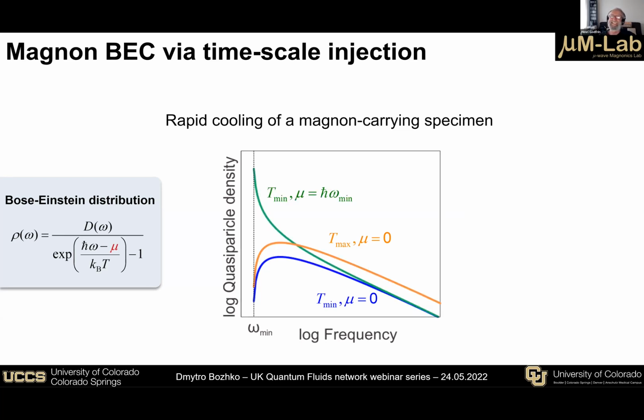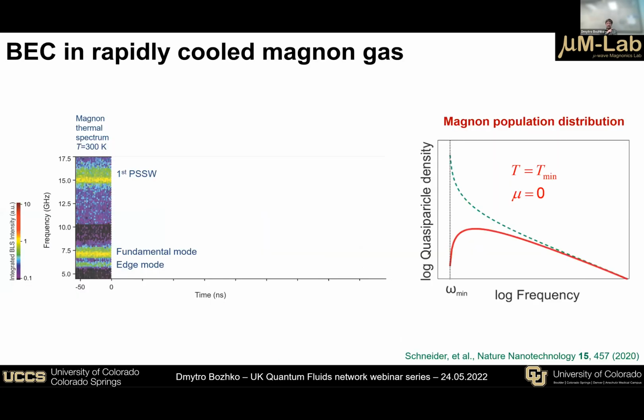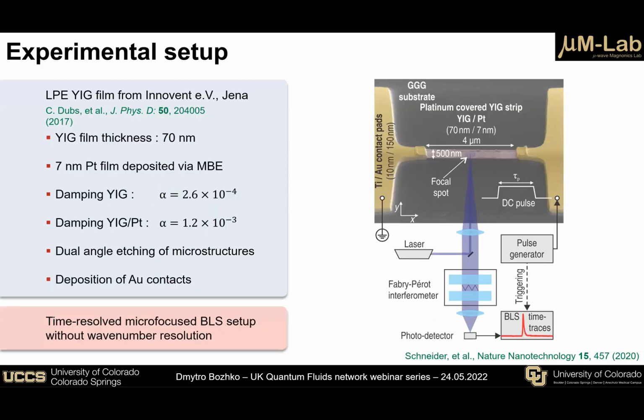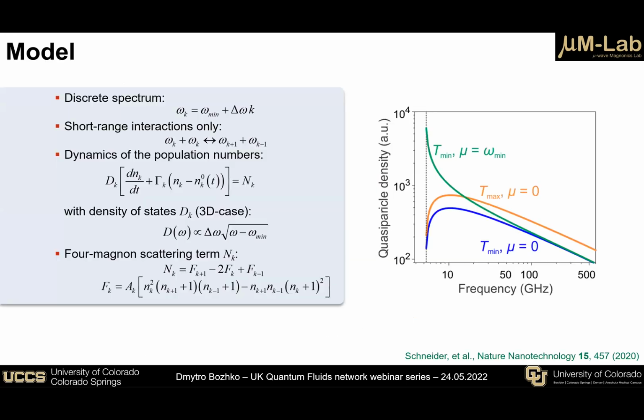Thank you. The trick is that just a simple model involving the scattering via four magnons is enough to actually achieve that effect in theory. However, I should say that we only get it with a very rapid, almost instantaneous cooling rate. That's what deviates this theory from the experiment.